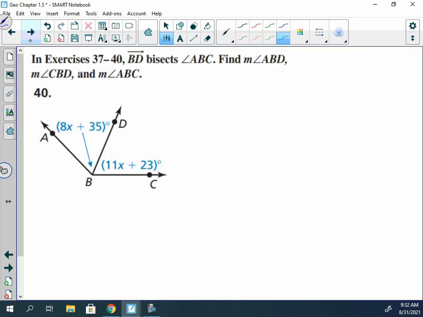Now what we do know is that BD is an angle bisector. It bisects the angle. Yes? So that means that, really, we're saying that the measure of angle ABD is equal to the measure of angle DBC.